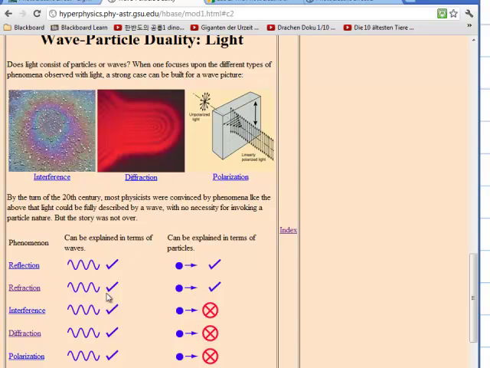The other problem with having particles here is that the particle theory says that we can either have reflection off a surface, or we can have refraction into a medium, but not both of them together. However, the wave theory shows that you can have both due to the interference of waves that are emitted from a given point.